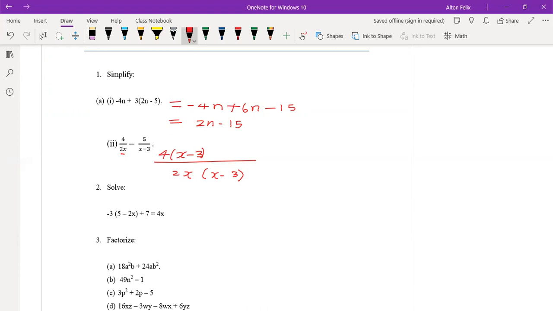So let me just show you what's happening when I say divided by the x minus 3. Notice in this case, this will cancel with this. We are left with 2x. And this 2x is multiplied by minus 5.